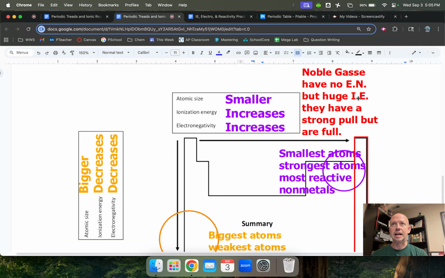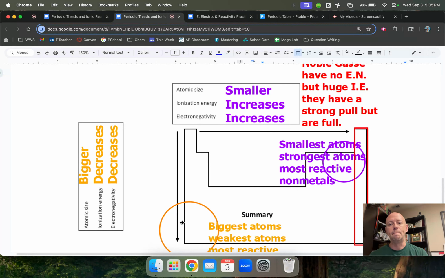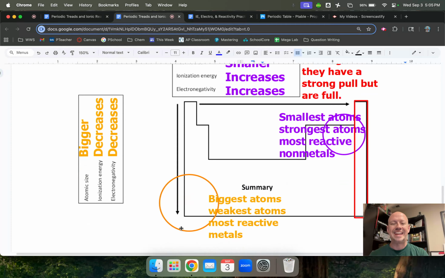They won't lose electrons very easily because they have strong attraction for those and they're already full. The ones which are most likely to react as far as a metal goes is going to be this corner down here. Largest atom, weakest attraction. Strongest and weakest is referring to the attraction right here. So that's our most reactive metal.